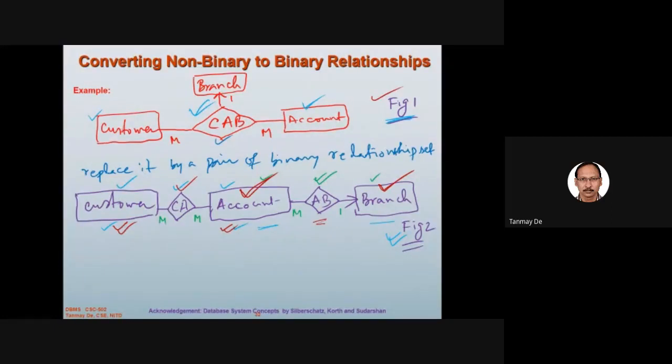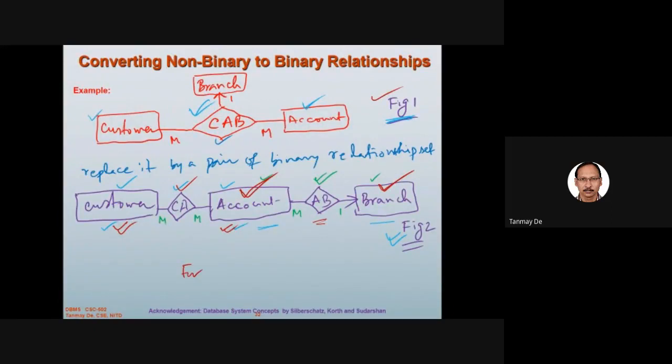So what is the meaning of that? In the banking enterprise system, if we consider it, the ER diagram in figure 1 is more appropriate. So what is the important thing?